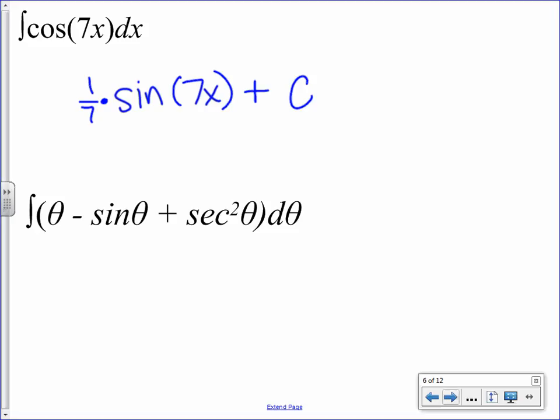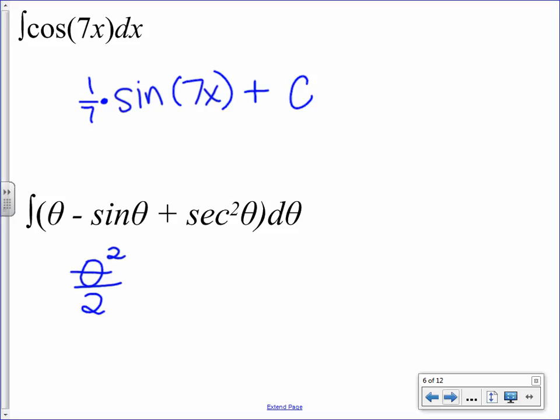How about this? There's a different variable. Now this says d theta, so we're integrating with respect to theta. Nothing changes. What's the antiderivative of theta? Increase the power, divide by the power.